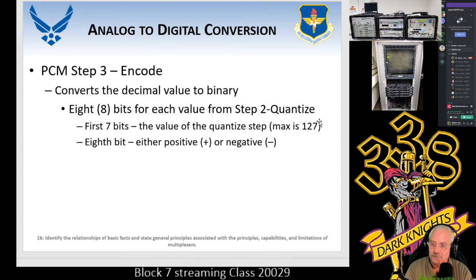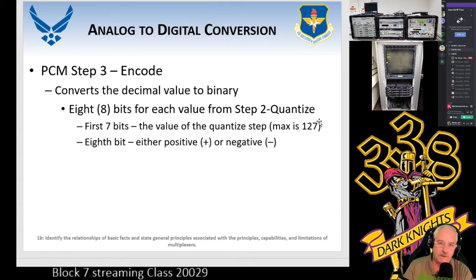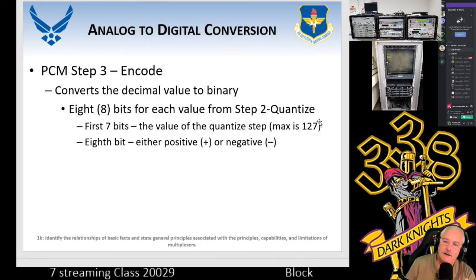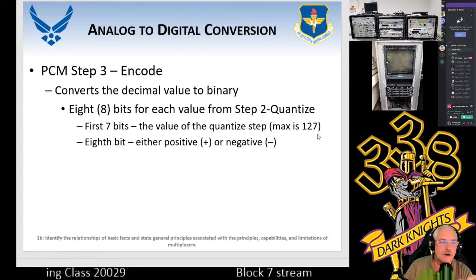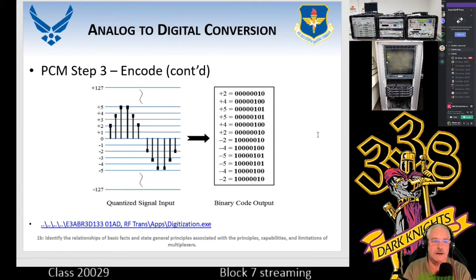Well, that last bit, the 8th bit, the 128th bit, that's where you can tell whether it is the negative side or the positive side. So when we convert all of this information over to a binary digit, or encoding, to give us that 8-bit word, we're going to take something like this.